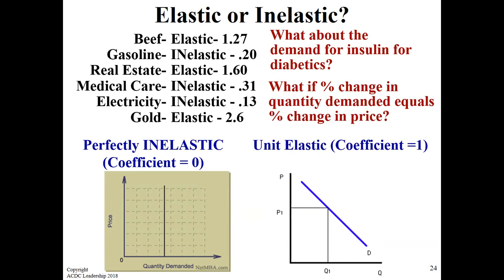So if this had come out to 50 over 50, that would have been unit elastic. That means if price goes up 10%, quantity demanded goes down 10%, so price and quantity demanded are moving at the same percentage change.